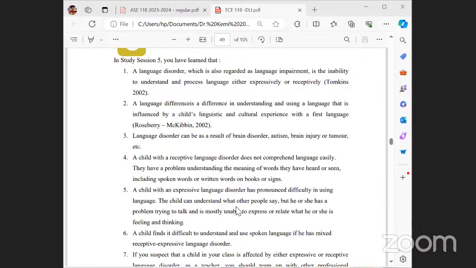What step did you take, apart from what we have identified? Which other step did you take that gave a positive result? And what were the risks involved in dealing with such children? Can one or two just respond?